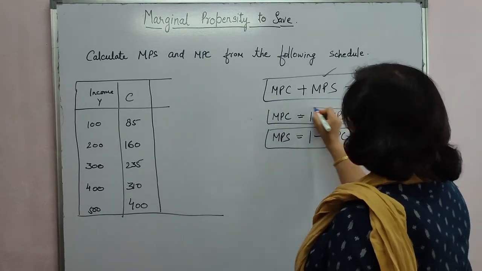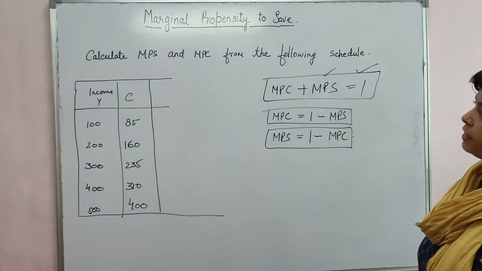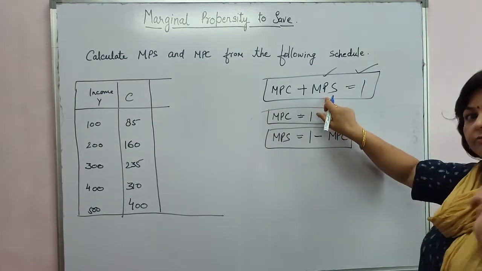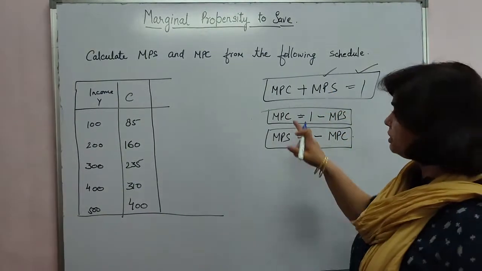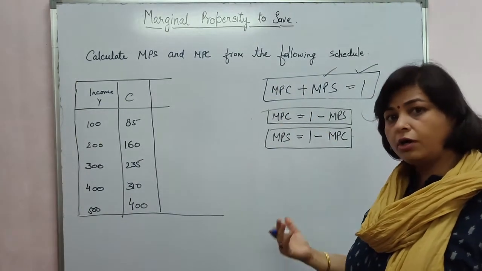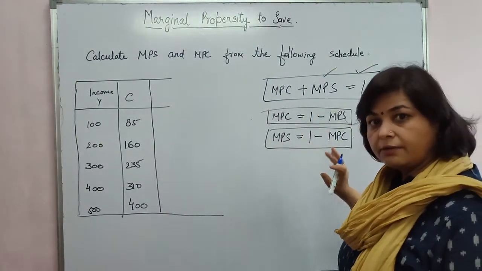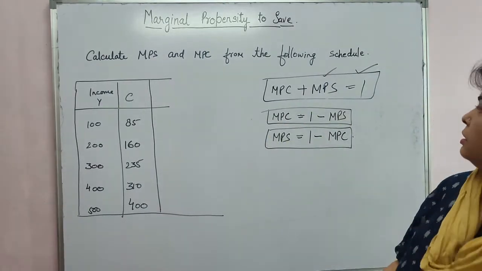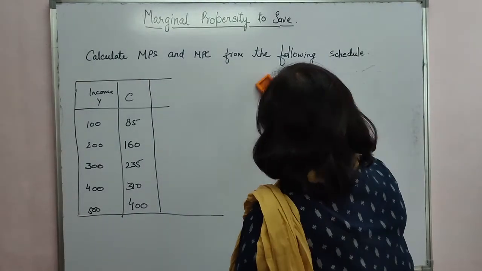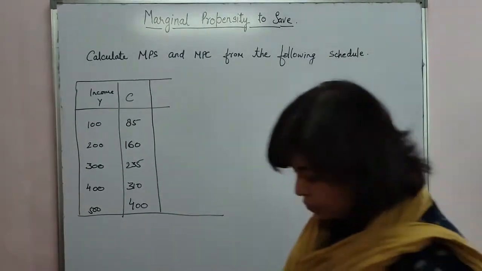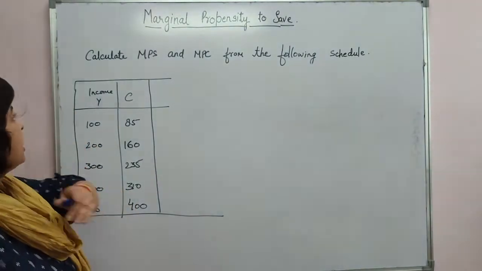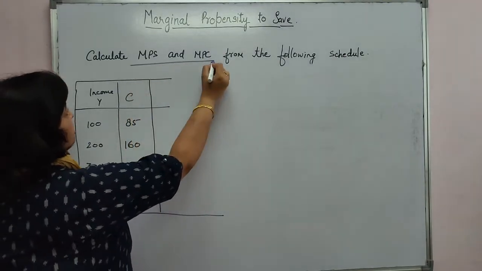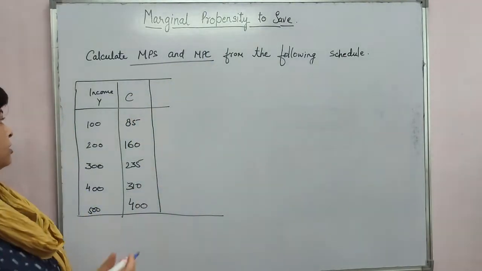So if in any question you have to find the value of both MPC and MPS, you can calculate only one term, either MPC or MPS, and calculate the other using this formula. Now the question which we are going to solve is based on the same relationship between MPC and MPS. Using this table you have to calculate the value of MPS and MPC.